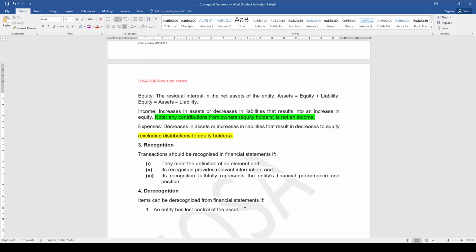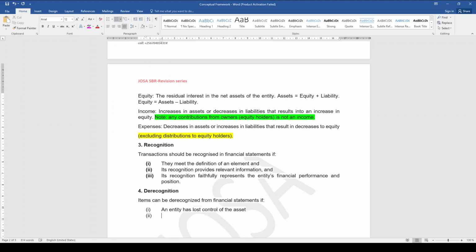These are things that should be on your fingertips. Okay? So if you cannot direct the use of this asset anymore, or you cannot enjoy the economic benefits that arise from the use of that asset, then you no longer have control. As such, you should remove it.